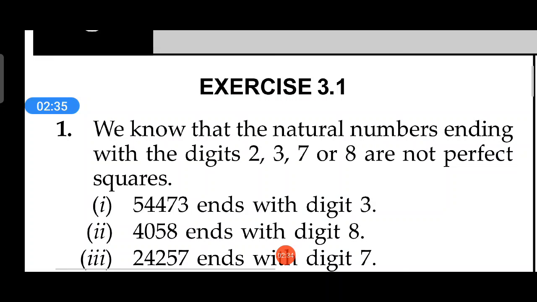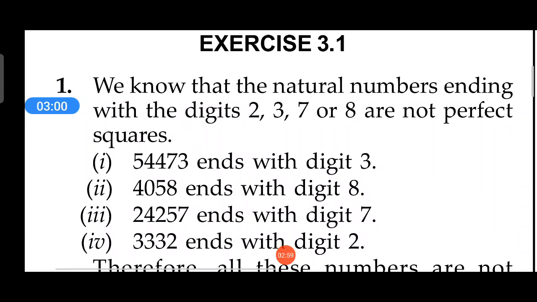My dear students, we know that natural numbers ending with the digits 2, 3, 7 and 8 are not perfect squares. This you have to remember. You have to see that the last digit of the particular number is 2, 3, 7 or 8. If it is there, we consider that the number is not a perfect square.